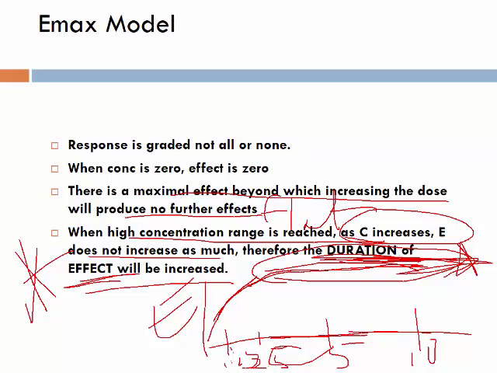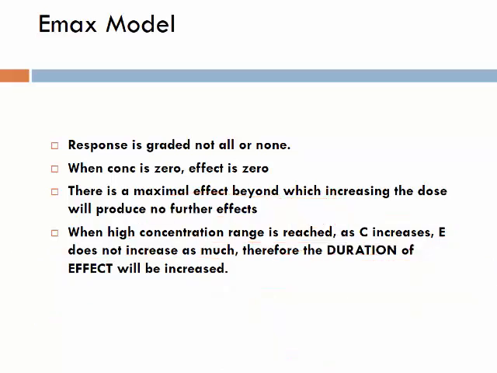So the model really helps us understand duration of effect. It's not going to be a straight half-life situation as far as seeing the effect drop half for every half-life. You might have predicted that before this, but now you know that's not necessarily the case.